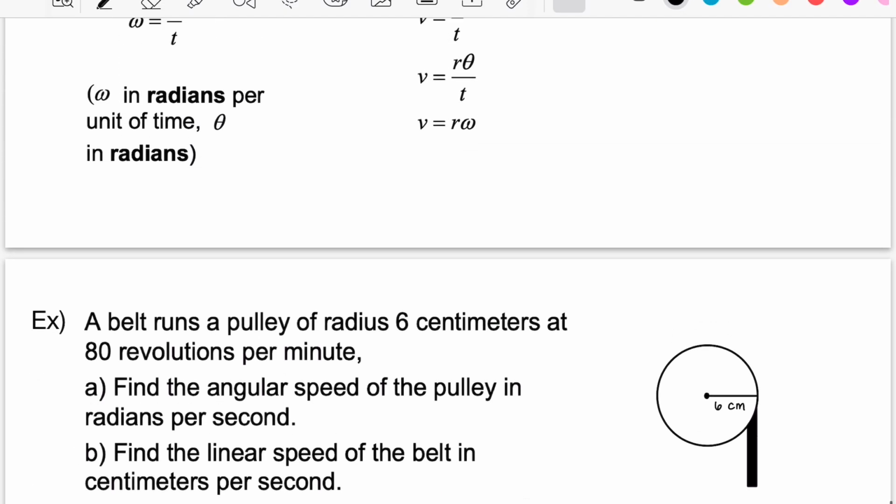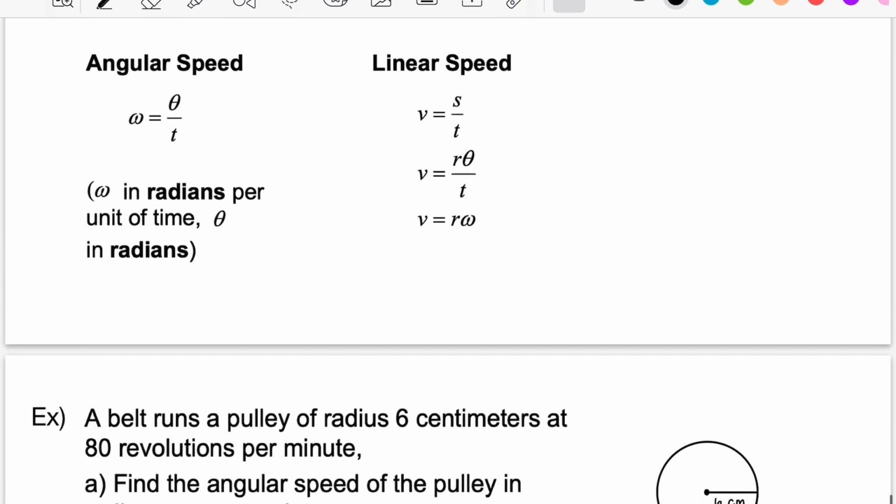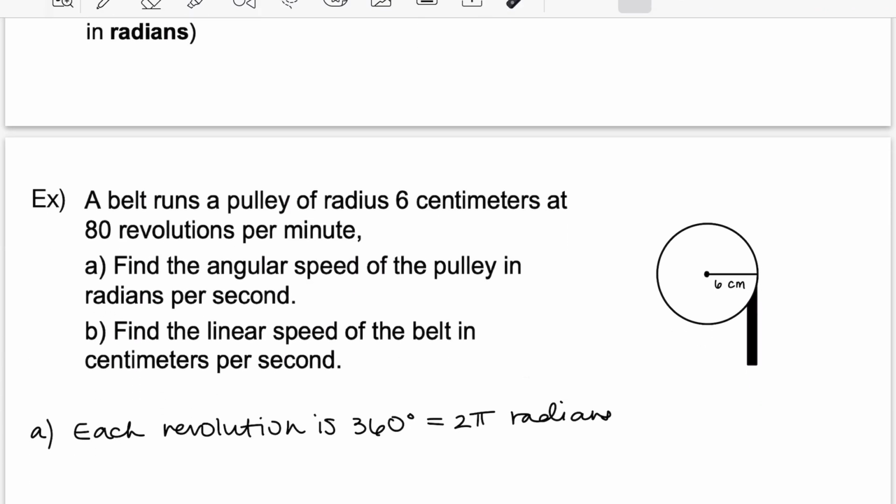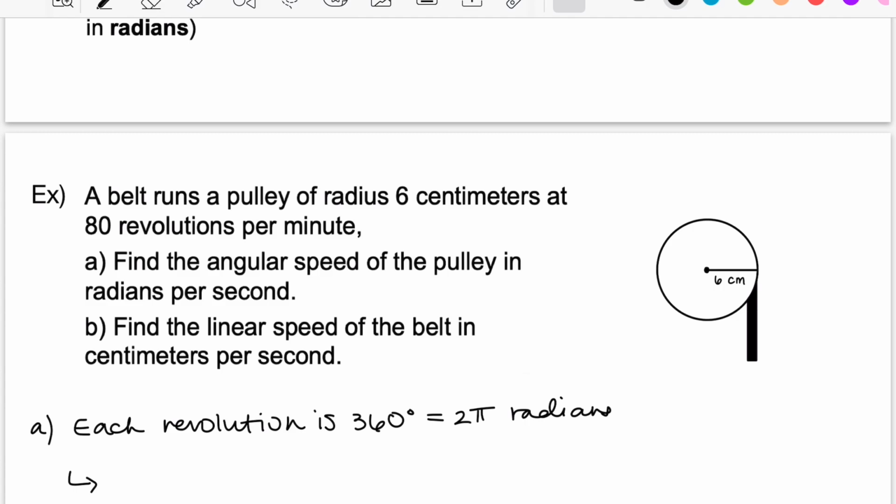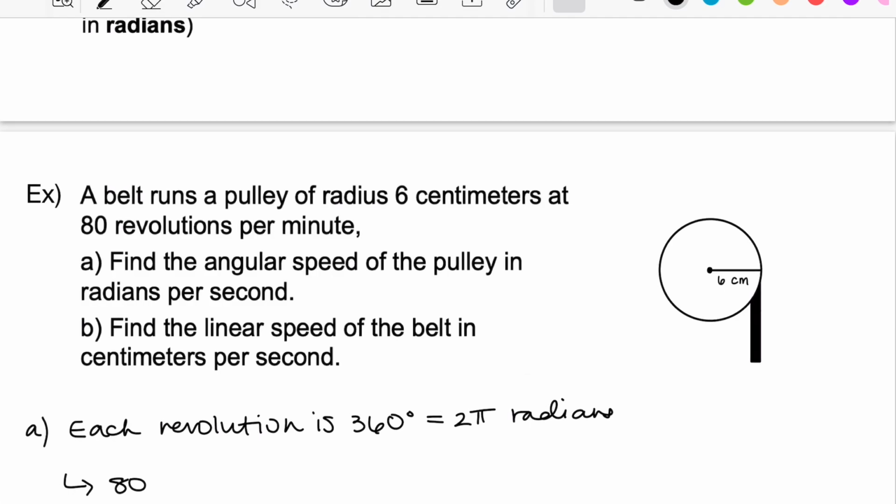So if we want to find the angular speed in radians here, first thing we need to do is rewrite our 80 revolutions per minute as radians per minute. So if we do 80 revolutions per minute, we know that we're going around this circle 80 times in 1 minute, and this circle going around in 1 revolution is equivalent to 2 pi.